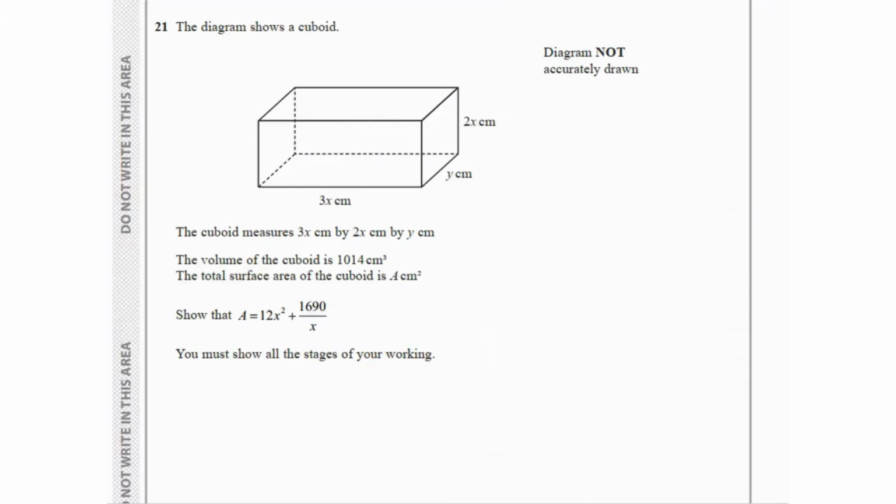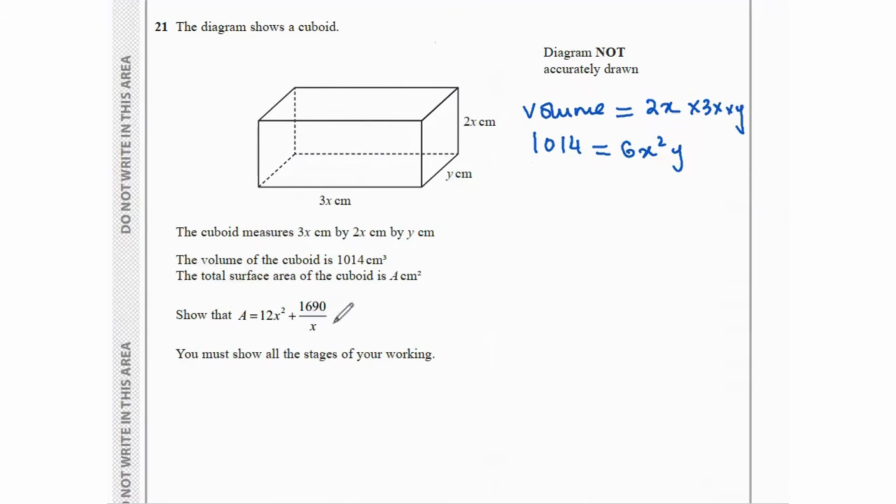So using the volume, we'll create an equation and then use that to find the surface area equation. We know volume is length times width times height, so 2x times 3x times y. So 1014 equals 6x squared y.